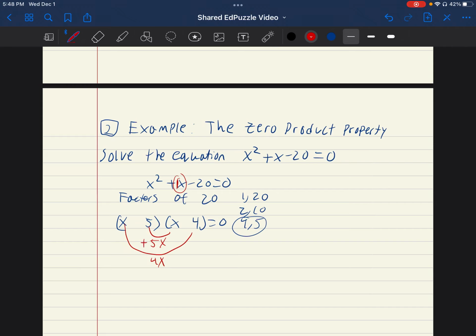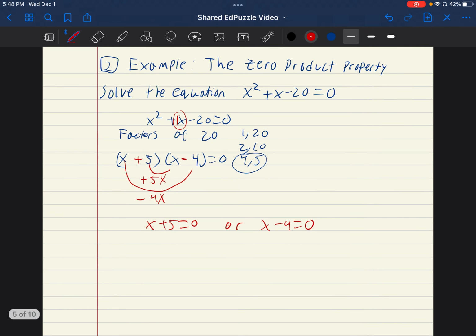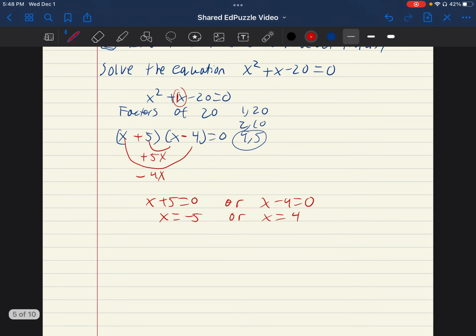The 5 will be positive because it's larger, and the 4 will be negative. So it will be (x plus 5)(x minus 4). We have x plus 5 is equal to 0, or x minus 4 is equal to 0. So x is equal to negative 5, or x is equal to 4. The answer is x is equal to -5 or 4.